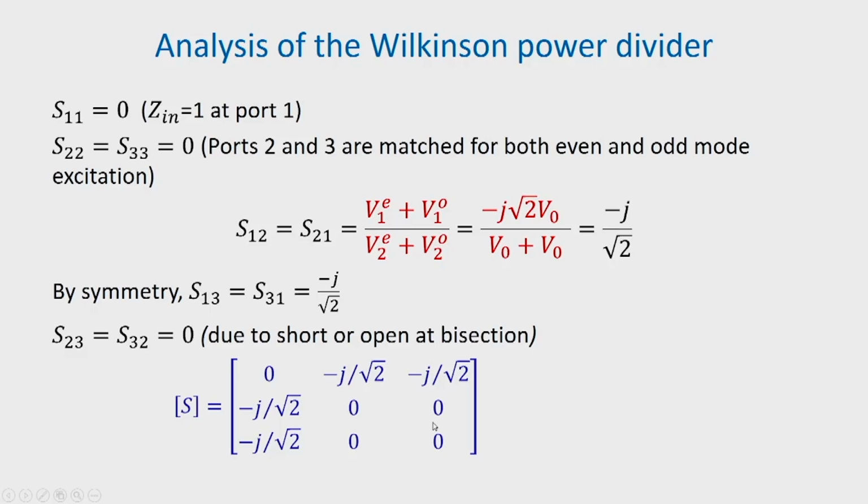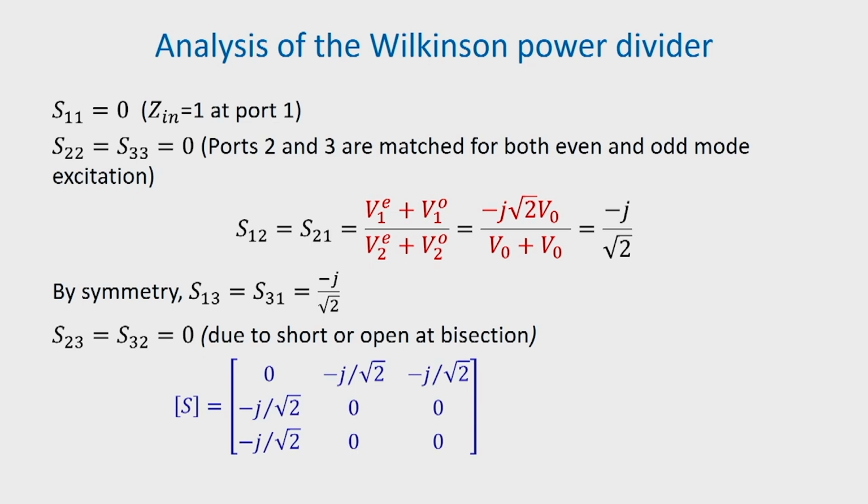So, all the S parameters for this Wilkinson power divider are now evaluated, and we can write the S matrix to be 0 0 0 diagonal elements S11, S22, S33, S12, S21 or S13, S31, they are minus j by root 2, and S32 and S23 are also 0.